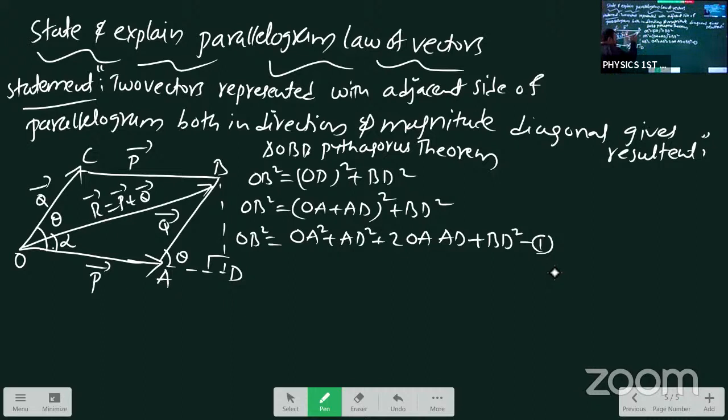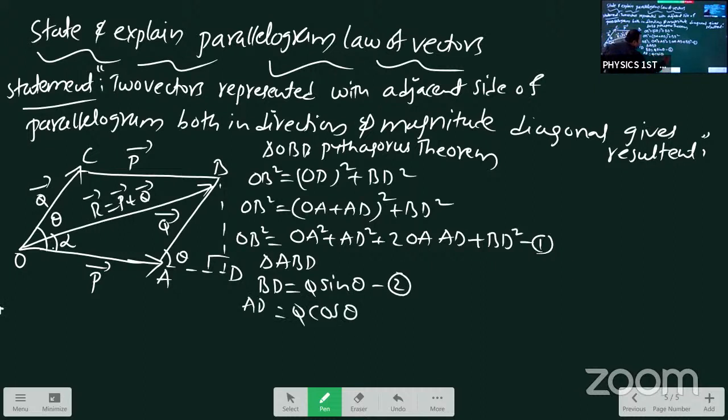Now see sin theta, the opposite side comes, student. Sin theta means opposite side, cos theta means adjacent side. Triangle ABD. Sin theta means opposite side, meaning BD equals Q sin theta, equation number 2. AD equals Q cos theta, equation 3. For the opposite side we use sin angle, for the adjacent side cos angle.